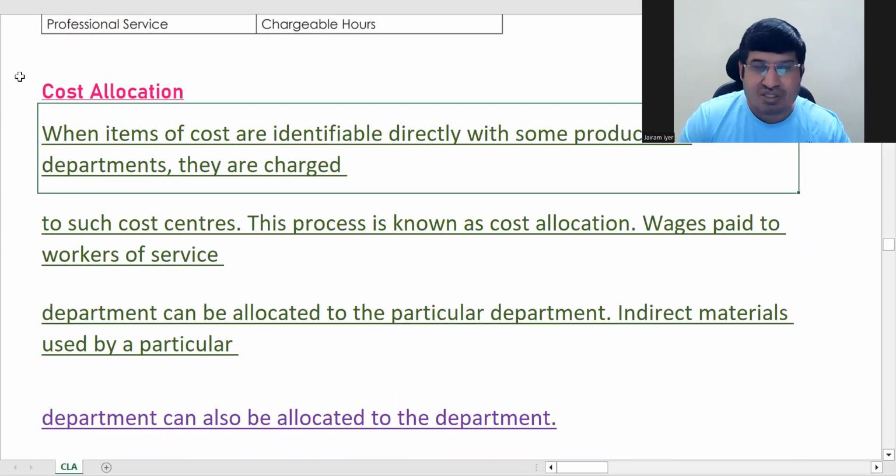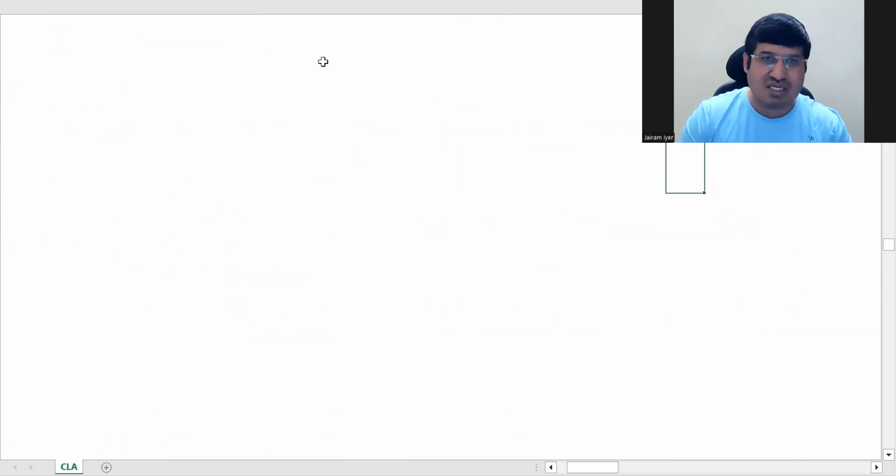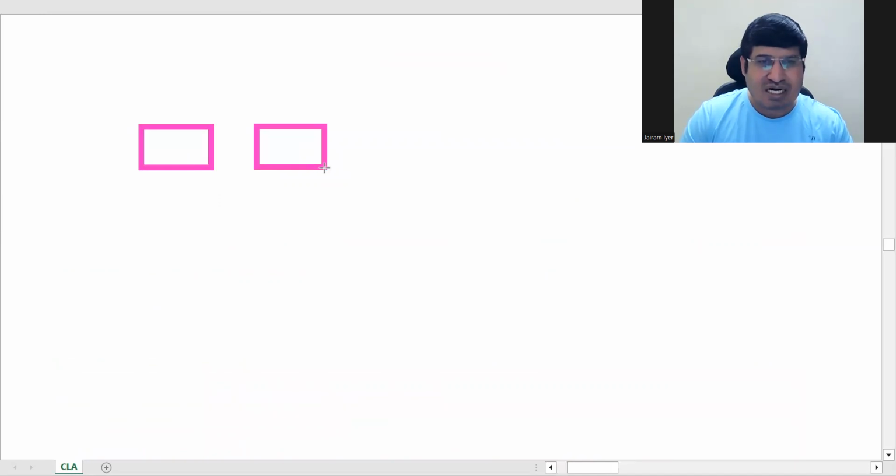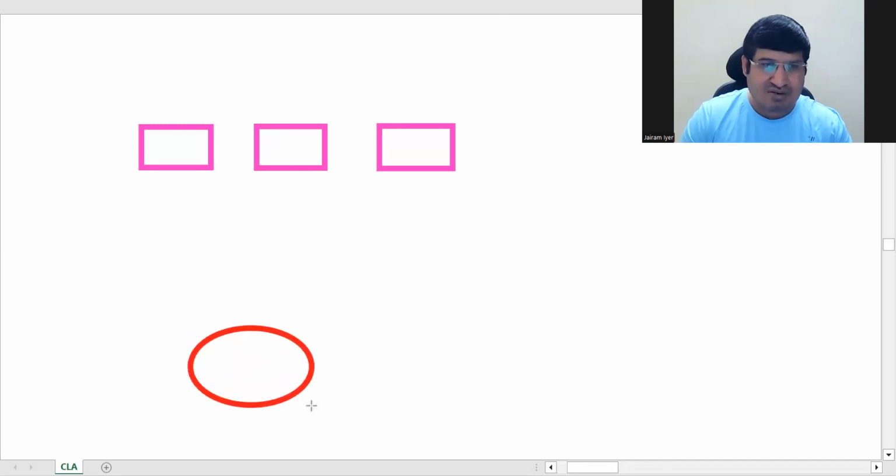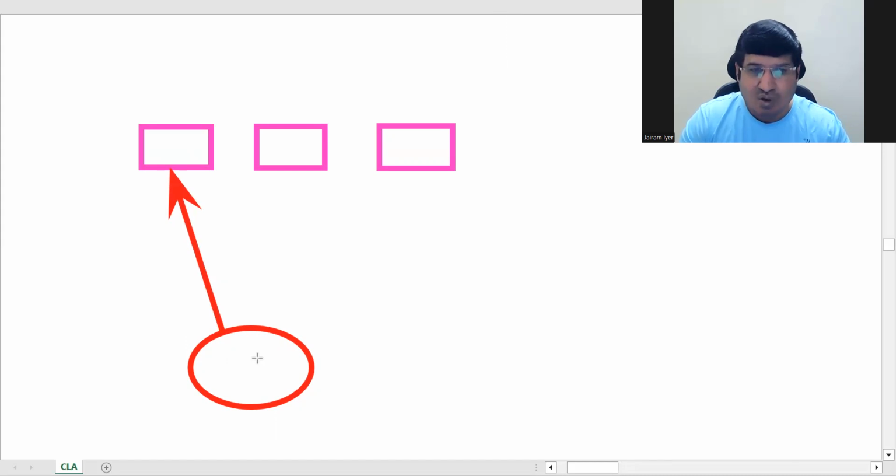So in cost allocation, say I have different departments or cost centers, and I have incurred an expense that I can relate directly to one of them. Say there are 5 employees that I have hired, and all 5 have worked for this cost center or department. So I can directly identify it. That process is called allocation.